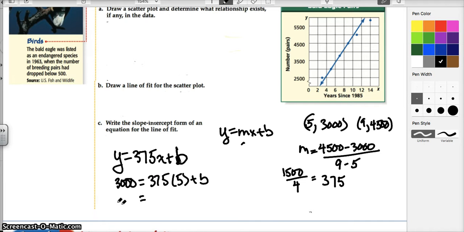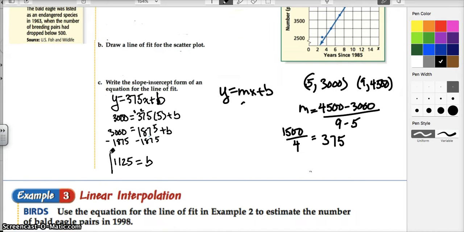And that's going to leave me with 3,000 is equal to 1,875 plus b. Then I'm going to solve for b by subtracting 1,875 from 3,000. So I'm getting that b is equal to 1,125.